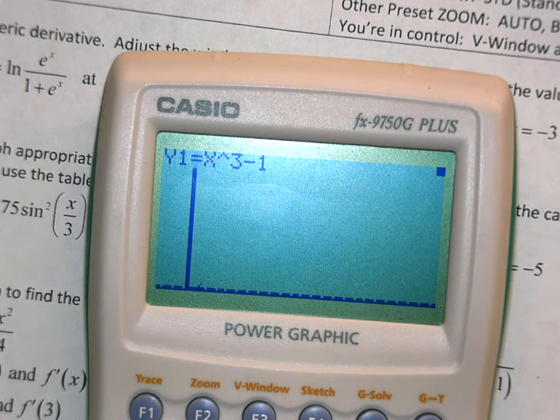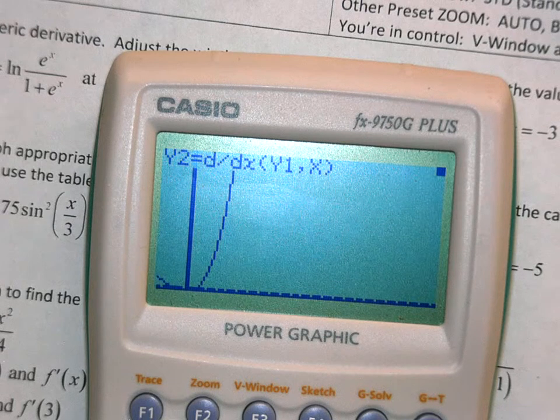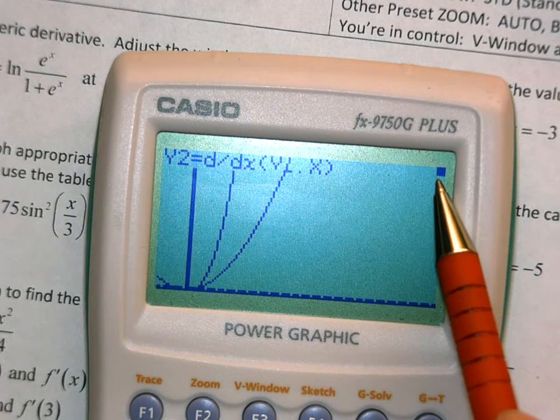Oh no, and see my window's all messed up here. I'll need to adjust my window. The best way to adjust your window on these is to press shift, V-window. Still thinking, that's what this little thing means right there.